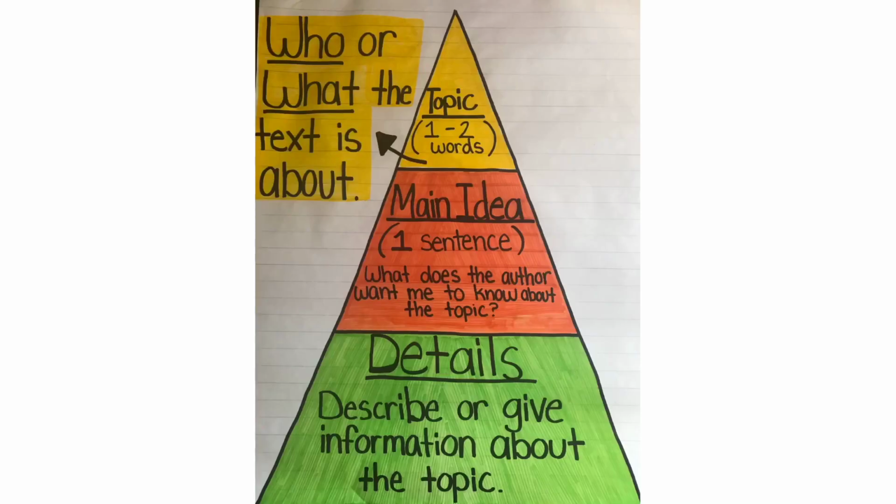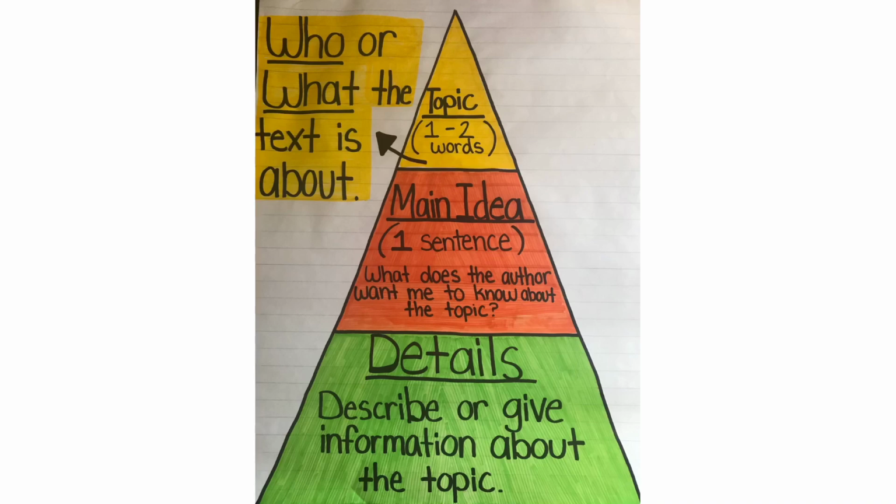Topic, main idea, and details can get a little bit confusing, which is why I wanted you guys to see this like a triangle. Now, at the very top of the triangle, you see the topic, but you also notice that that's also the smallest part of the triangle. Because when looking for information, the topic is going to be the smallest amount. It's just going to be the 1 to 2 words.